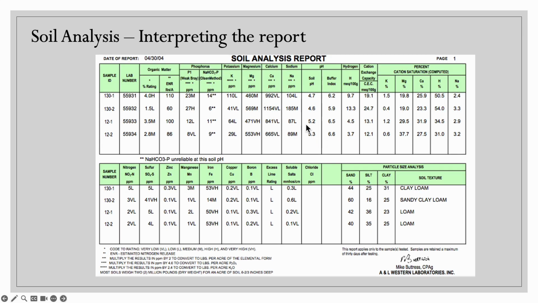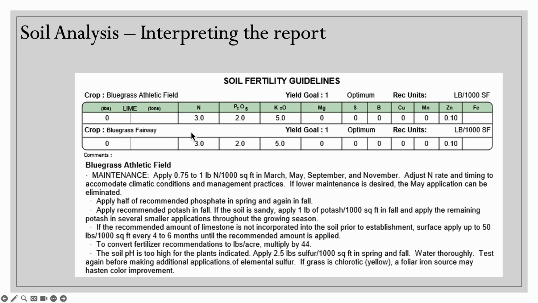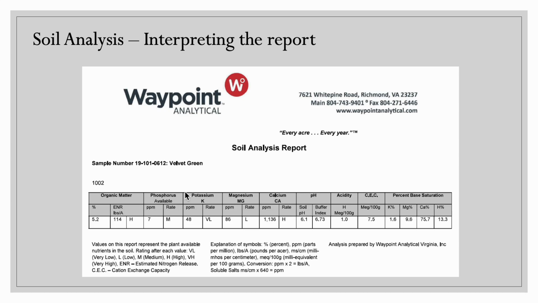I just have a couple of things to show you from different soil tests, which might have different things, but notice that we have this medium, high, low, or very low. We can see this back here as well. We have a rating of medium, very low, low, and high.